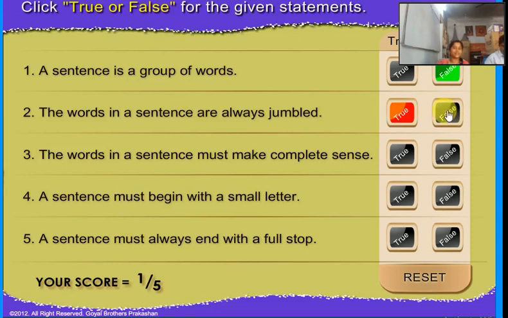This one false. Reset. A sentence is a group of words. False. The words in a sentence are always jumbled. The words in a sentence must make complete sense. A sentence must begin with a small letter. False. A sentence must always end with a full stop.